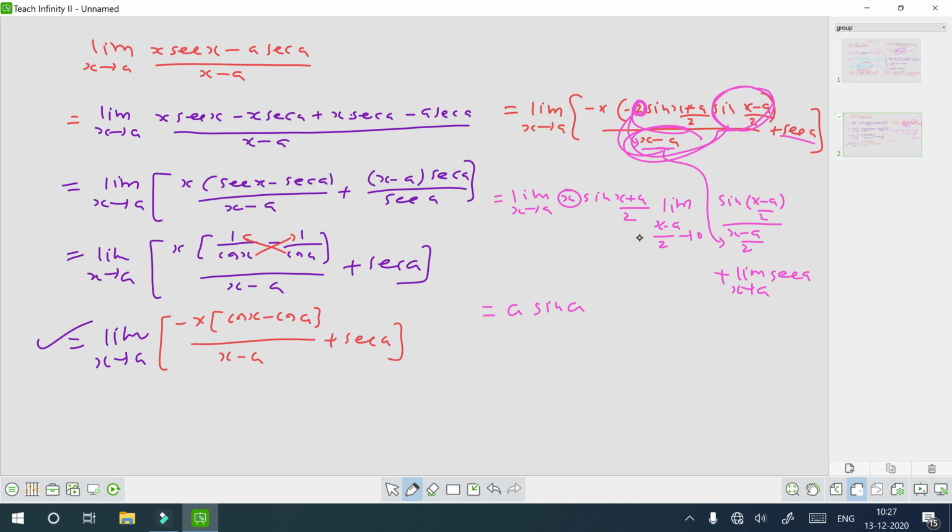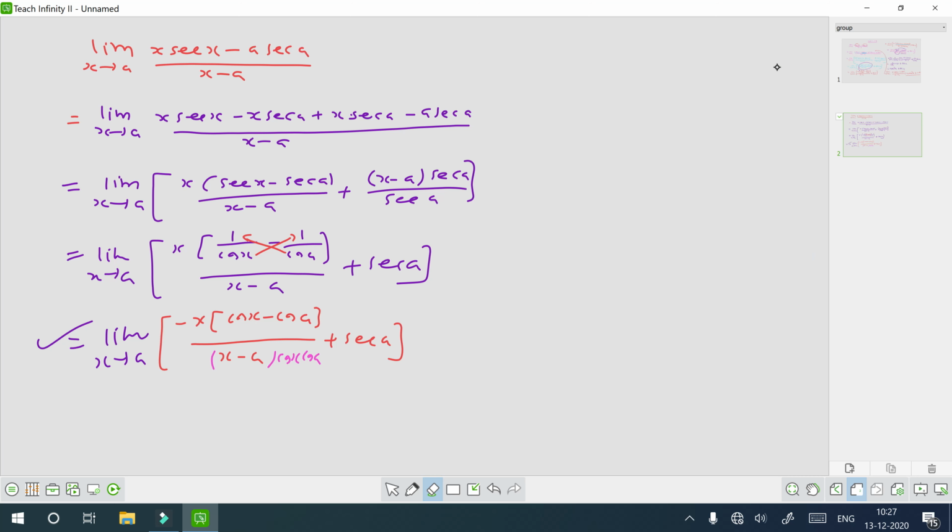One minute, here one mistake is there. Into cos x cos a is there. If we are taking LCM, into cos x cos a upon, let us write once again.